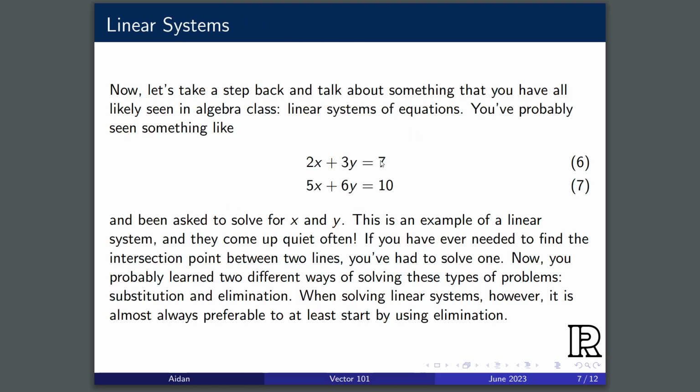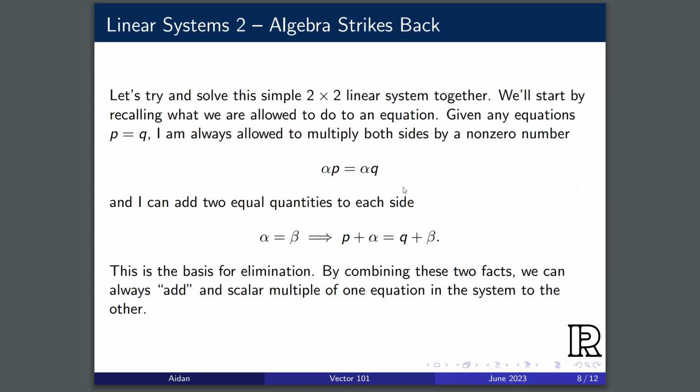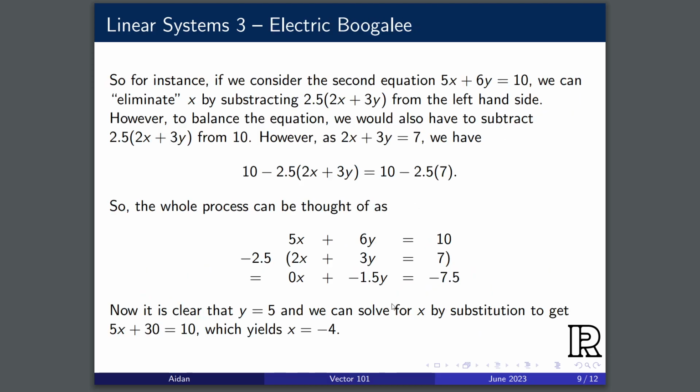There's another thing you can do, which is swap the order that you've written down the equations, but that's trivially true. These two operations are the more slightly non-trivial operations. And if you combine these two facts, if you know that two things are equal, you can always add a scalar multiple of one equation to the other. And this is the most important thing we'll do.